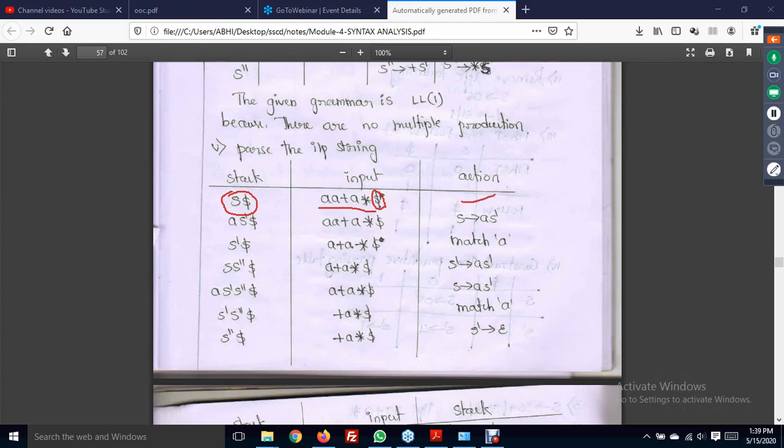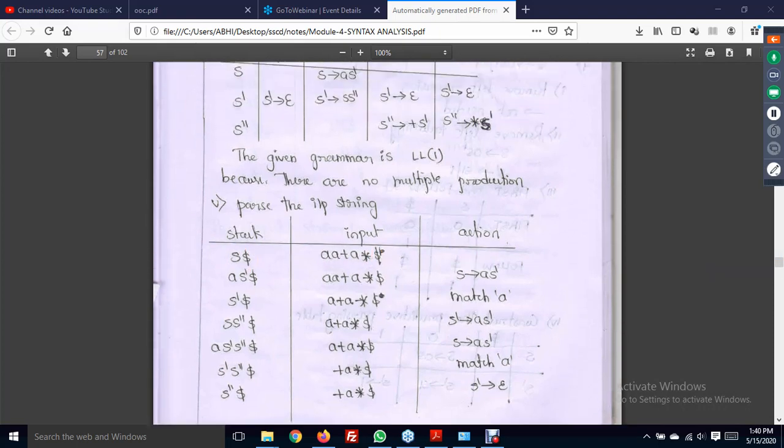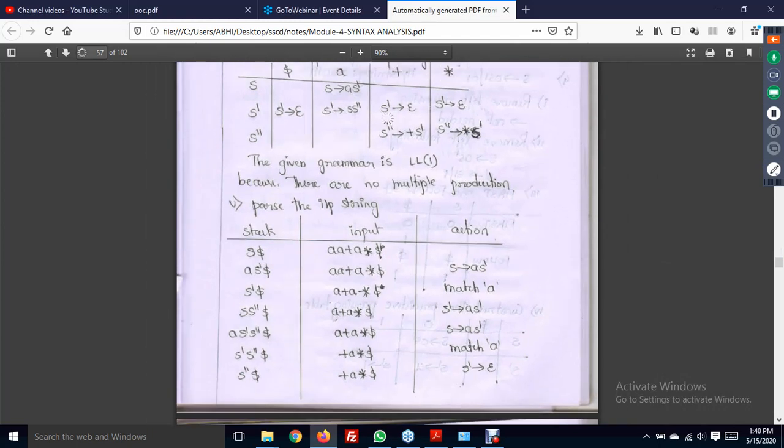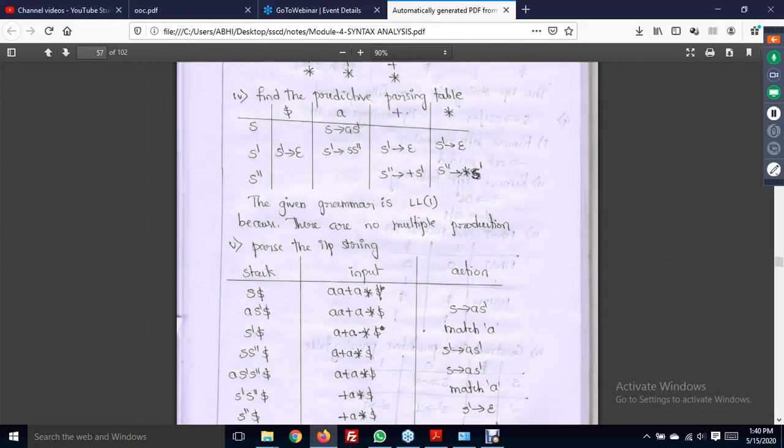Alright, so I don't have an action for the first thing. So is there any production leading from S to A? Yes. So here one thing I can suggest is, look carefully. I am actually matching this particular table with the parse of the input string. So this way also you can do.